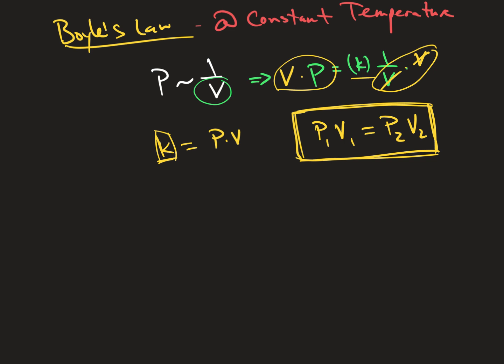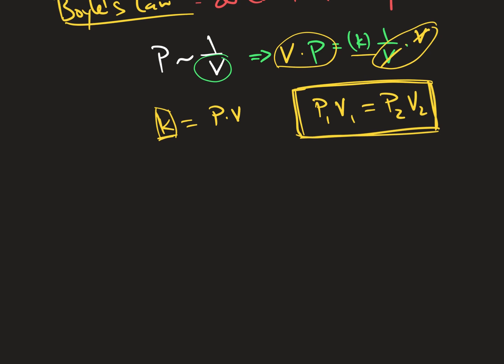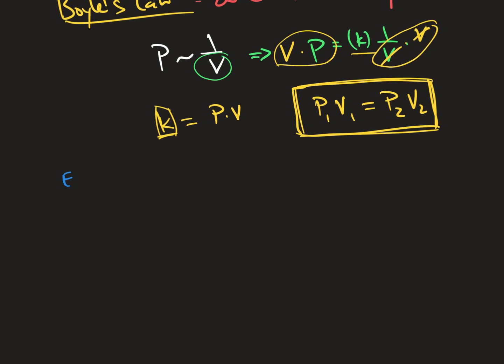Okay, let's do an example. Let's say our original pressure is 65 millimeters of mercury, and our original volume is 600 milliliters.